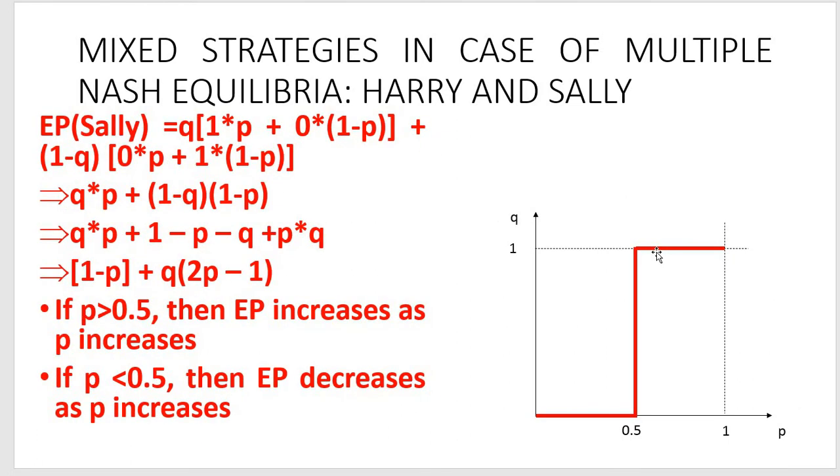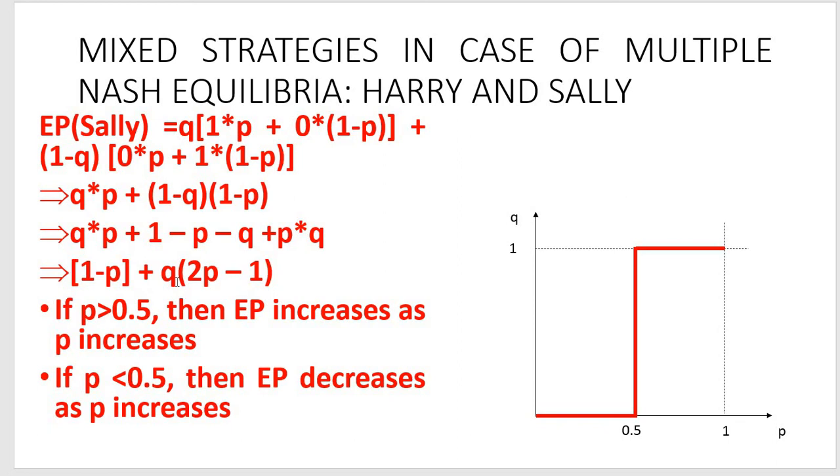I hope this is fine. Here you can do the very same analysis for Sally, just analyzing her expected payoff function. When you solve this and simplify, you should get this. Remember that in this case, P is an exogenous parameter and Q is an endogenous parameter, because Q is under the direct control of Sally.